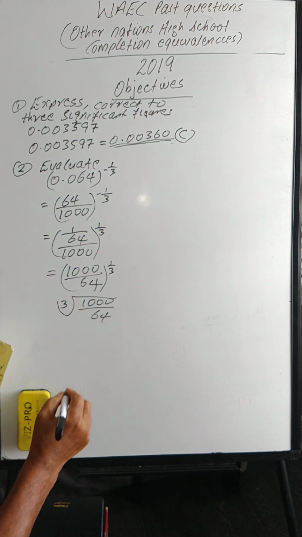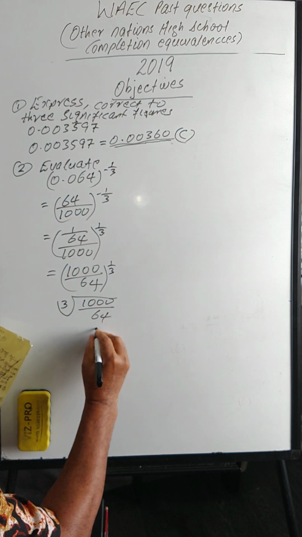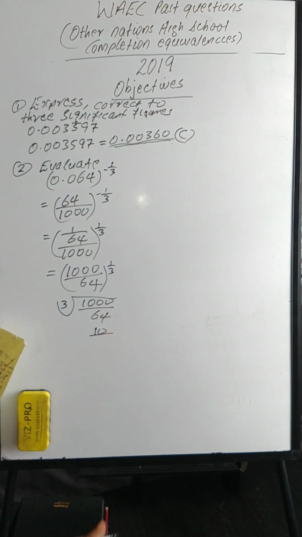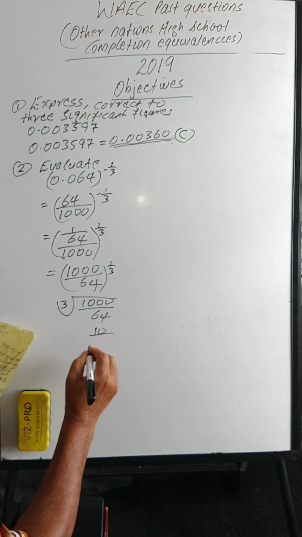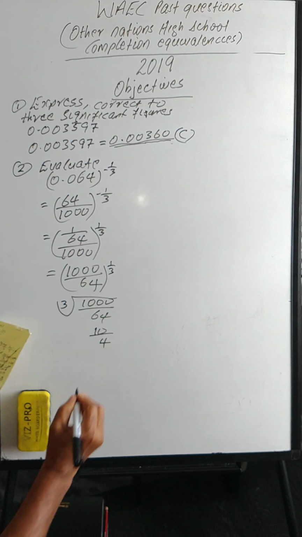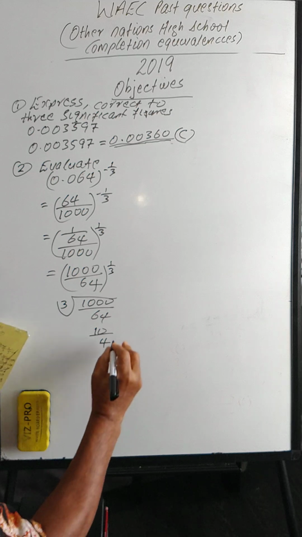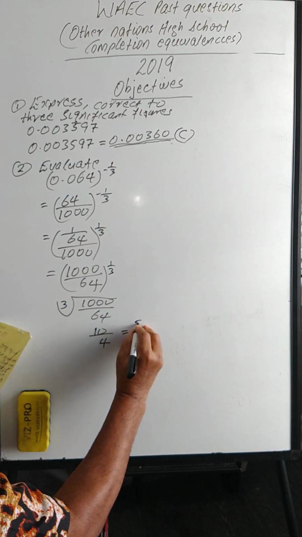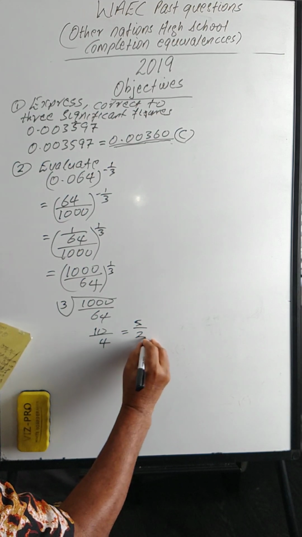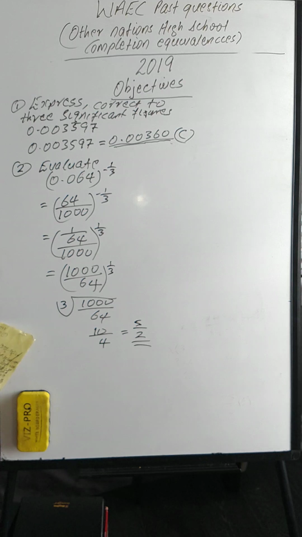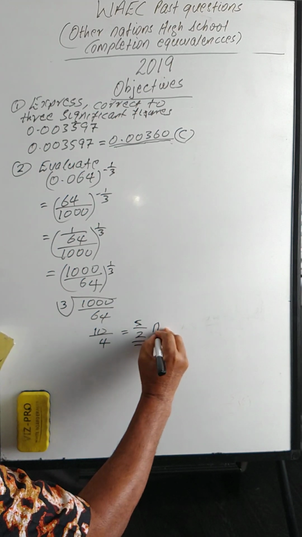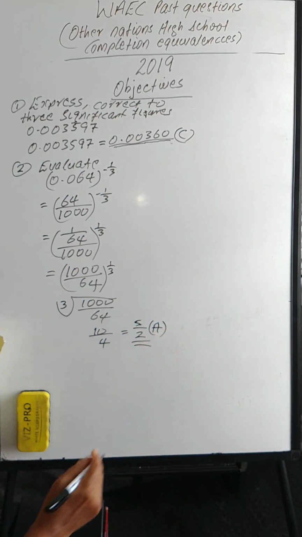And the cube root of 1000 is 10. And the cube root of 64 is 4. We simplify to the lowest term. This will give us 5/2. And that is option A in the question paper, option A.